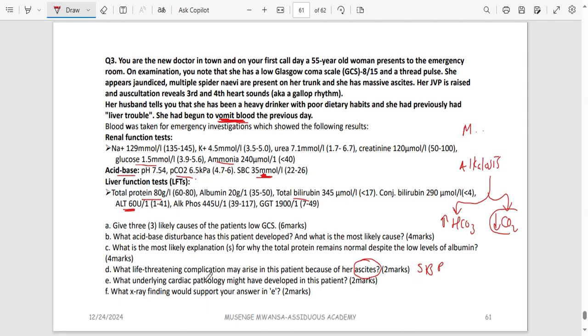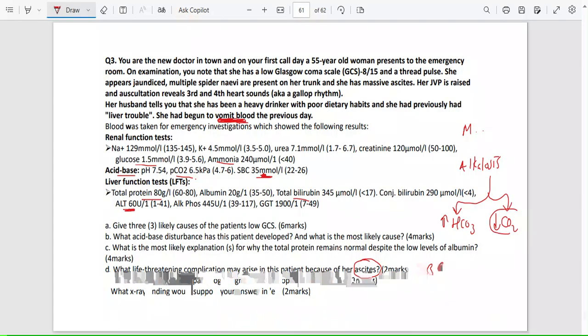What underlying cardiac pathology might have developed in this patient? Now, for patients that are taking alcohol, cardiac pathologies, we call them cardiomyopathies. For people that take alcohol, they can suffer what is known as alcoholic cardiomyopathy, which is actually a type of dilated cardiomyopathy.